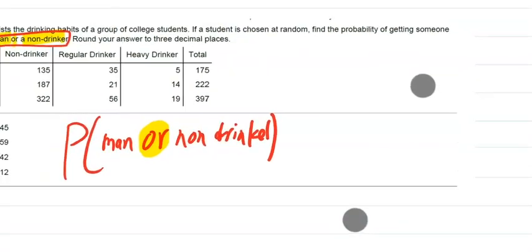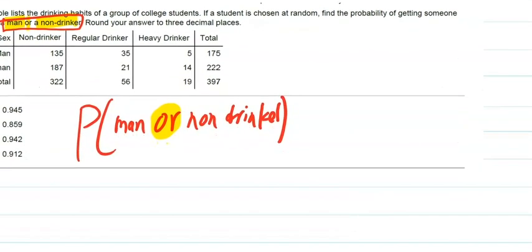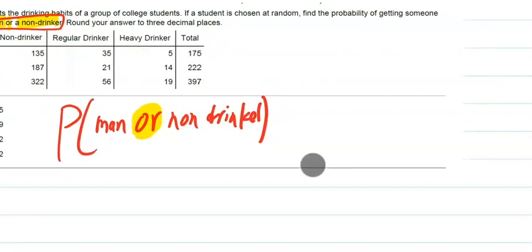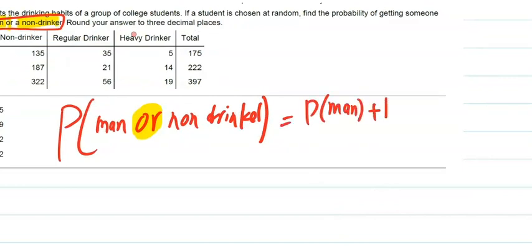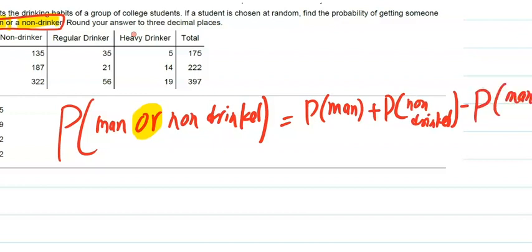So here, if you want to find probability of man or non-drinker, the formula is going to be probability of man plus probability of non-drinker minus probability of man and non-drinker. So let's find the probability of man.